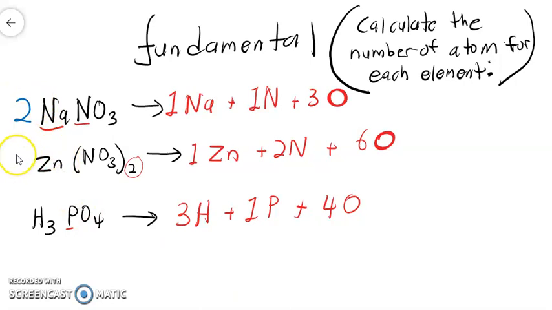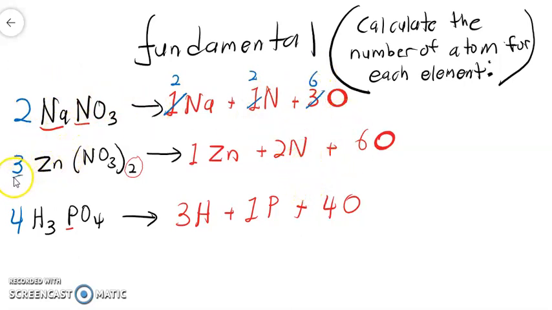Here's 2, here's 3, and here's 4. Now all the numbers in front here will change. So this Na will become 2, nitrogen will become 2, and this oxygen will become 2 multiplied with 3, so you'll be getting 6.